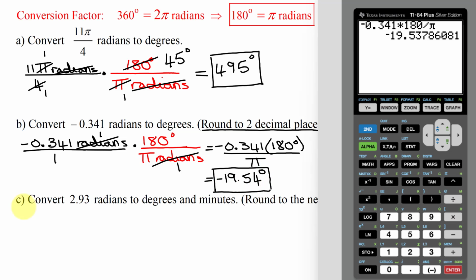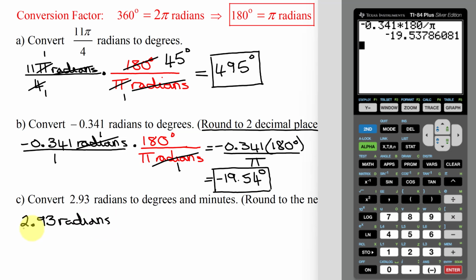Now in part C, I need to convert 2.93 radians to degrees and minutes, and then it was said round to the nearest minute. So the first part's going to be done exactly the same way, 2.93 radians.